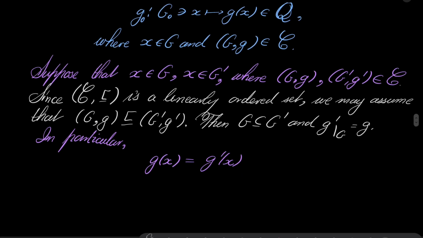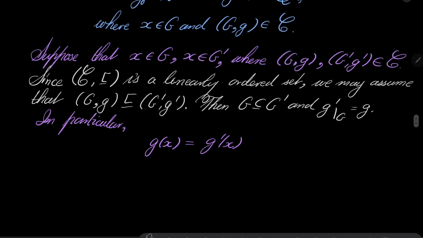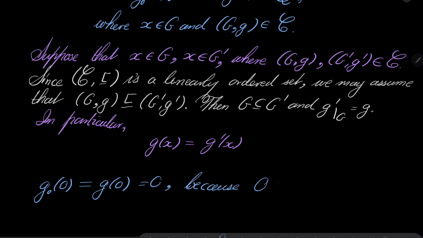Let's prove it. So now we have a few things to do. First, what is G0 of 0? Well, G0 of 0 is G of 0, and it is 0, because 0 is in any G in our chain. Alright, so the neutral element is mapped to itself.